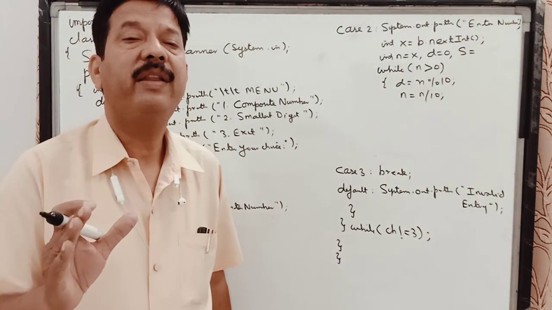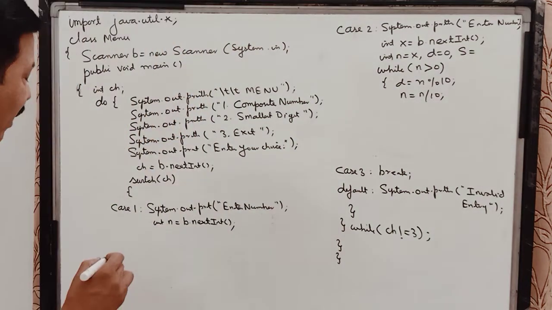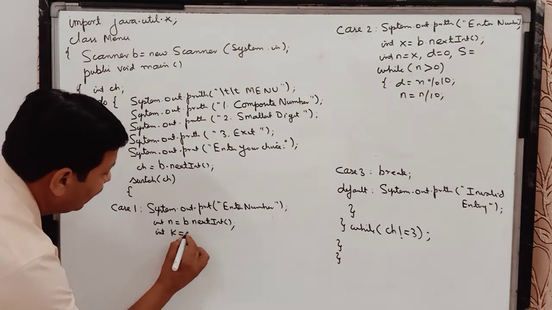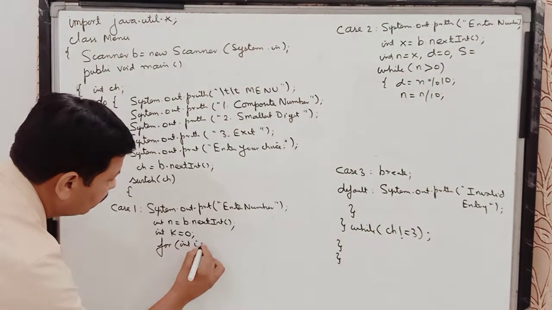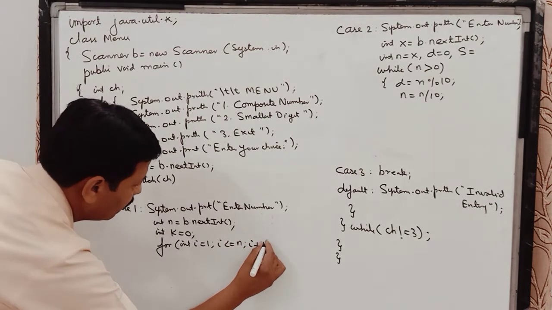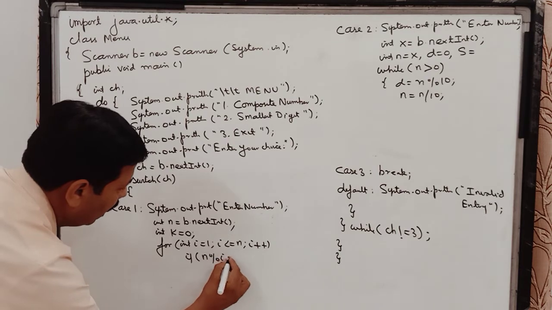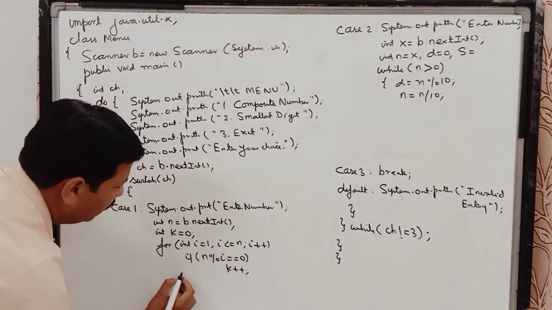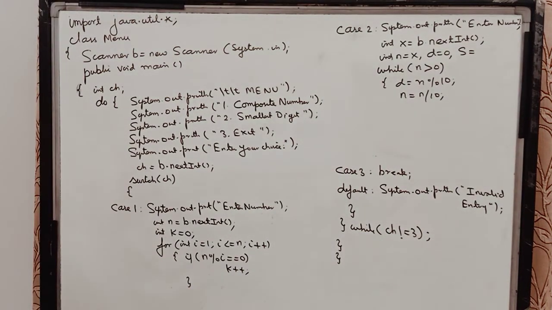We calculated the total number of divisors which are present. So we count the number of divisors. For this I have taken one variable, int k is equal to 0, and I structure a loop from 1 to n, and I can count divisors. If n modulus i is equal to 0, then k plus plus. This is in this for loop. So children, I structure my loop like this.